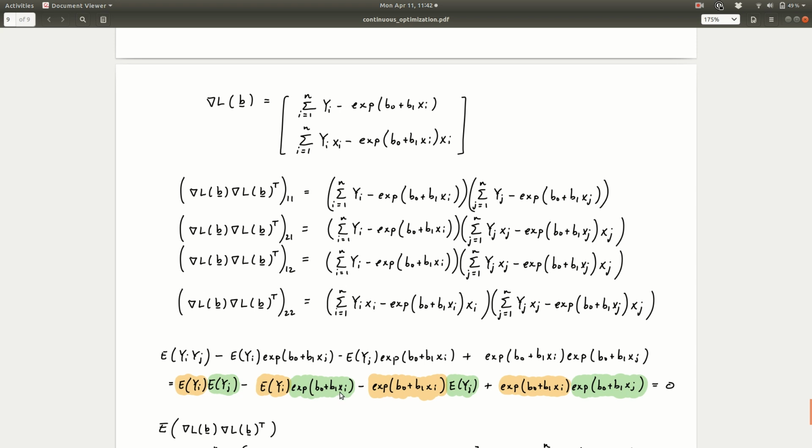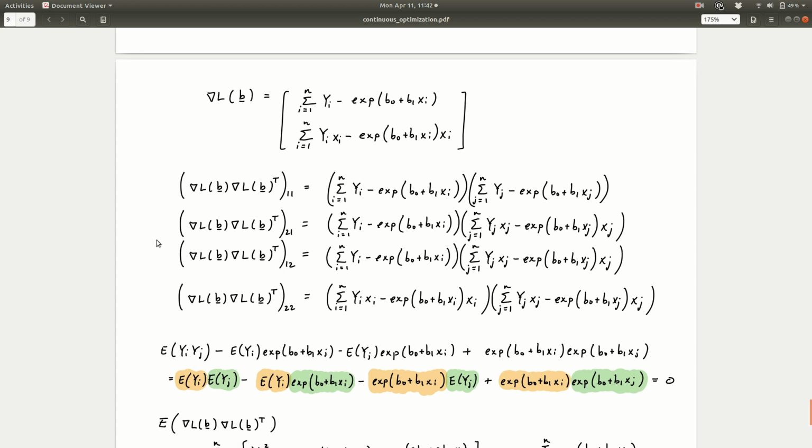So this should say j actually. But you can see everything's going to cancel nicely. This term cancels with that, and that term cancels with that. So in this double sum, all of the i not equal to j terms go away, and you only have to worry about the terms for which i equals j.